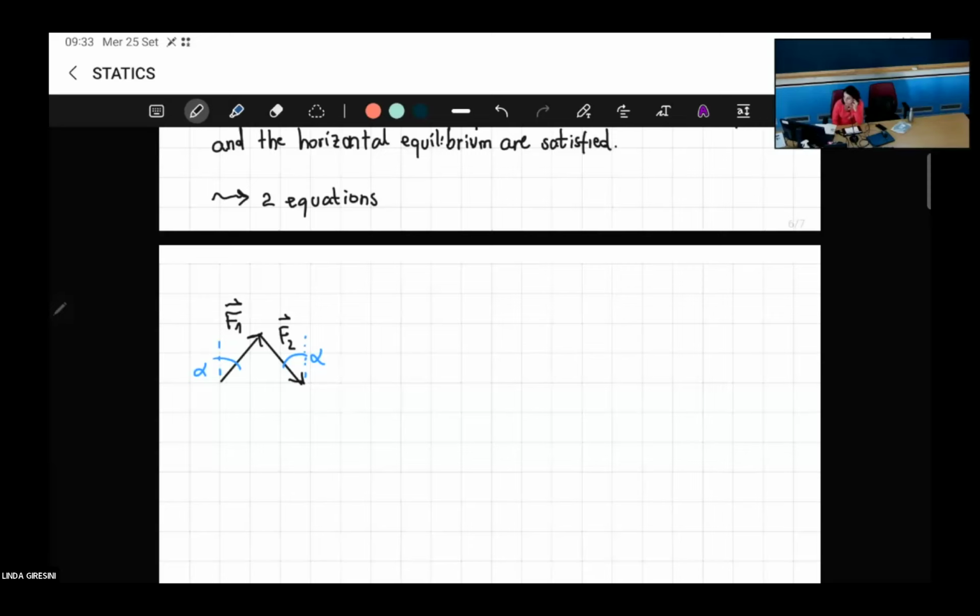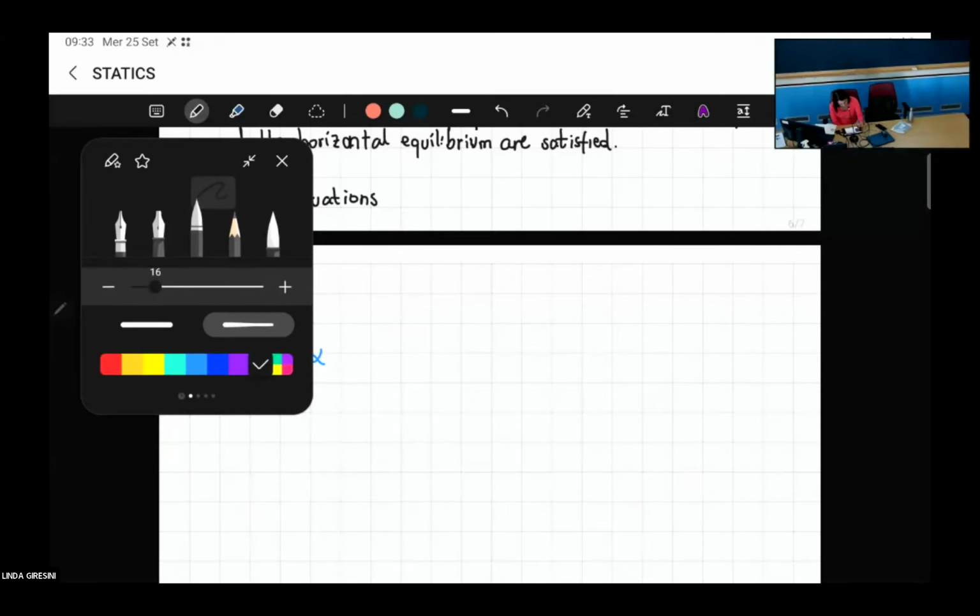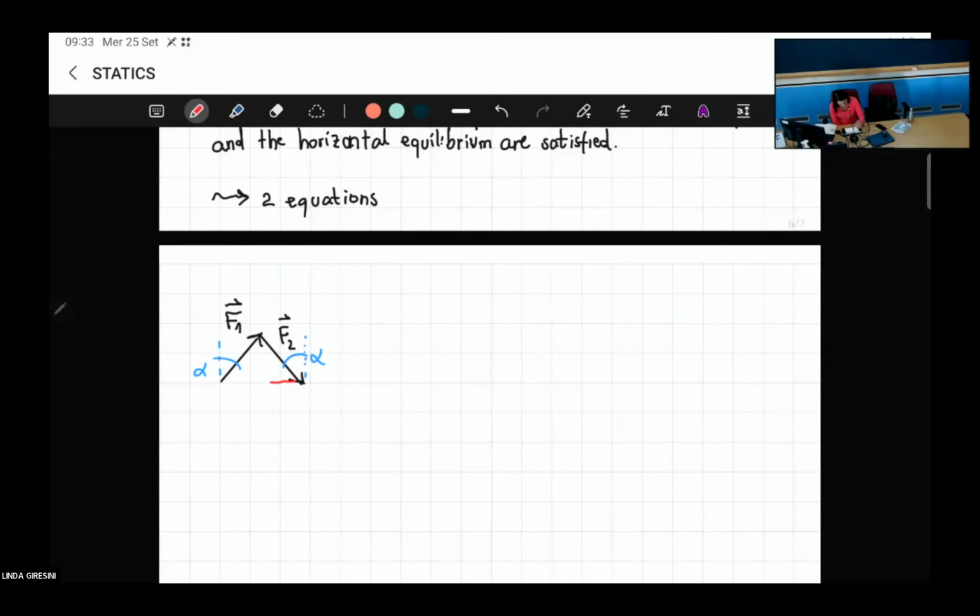Now we are using letters, not numbers, because it's more general, but of course in a practical exercise, you will have numbers, for example, F1 of 20 kilonewtons, alpha of 15 degrees, and so on. So let's write first the equations, and we know that the force that gives equilibrium is F.